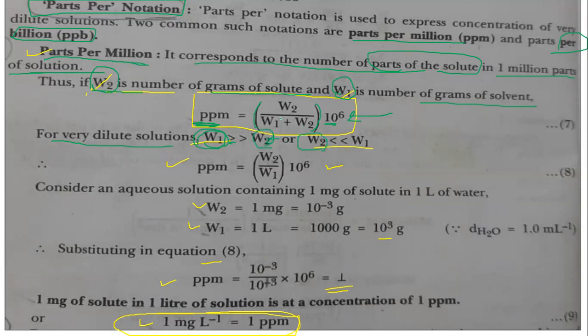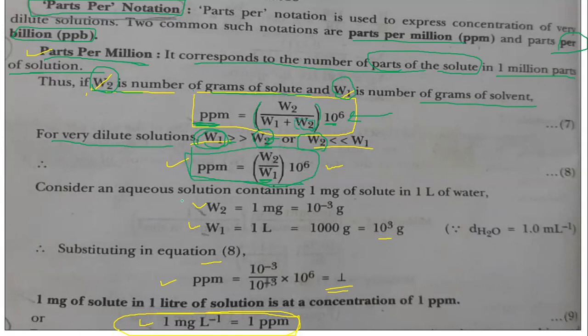So in the denominator we are considering only W1. So W1 plus W2 will become equal to W1, as W2 is very small in number. So part per million can be written as W2 upon W1 into 10 raised to 6. We are eliminating this one.